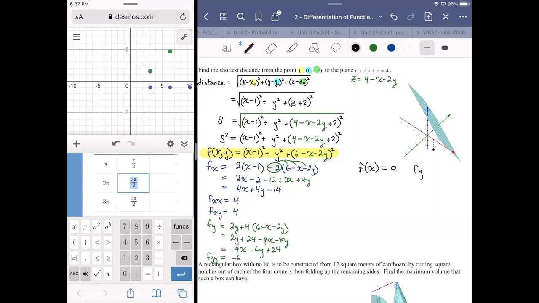Same thing with f sub y. Simplified form is a good thing to have in this case. It's a function of 2 variables, which is aggravating, but manageable.